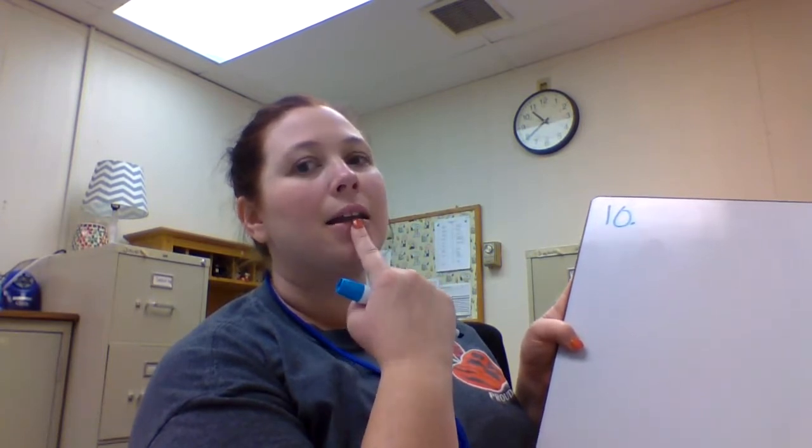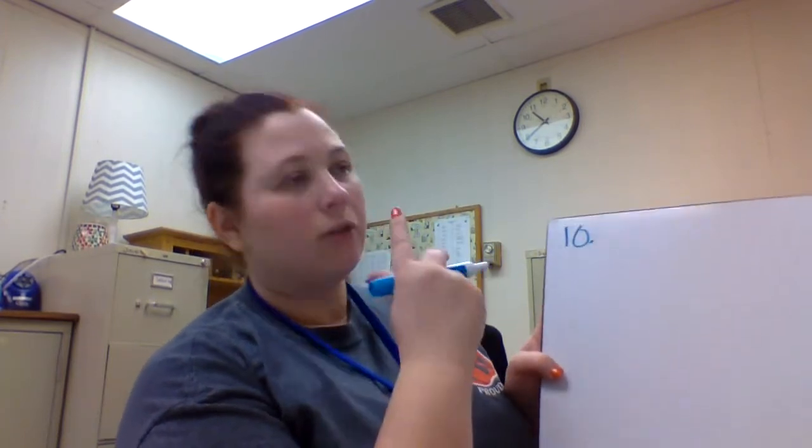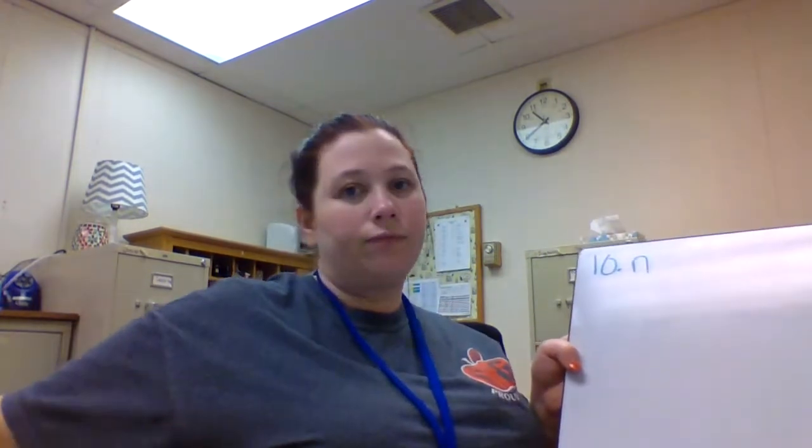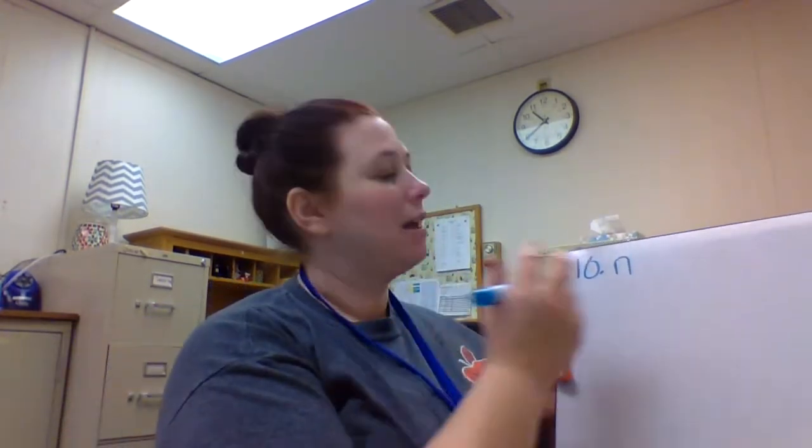All right. Next, we're going to spell a couple words. On number 10, I want you to spell the word nine. Nine. N-I-N. So we hear that we have the long i in there. We hear n at the beginning, so n, i.